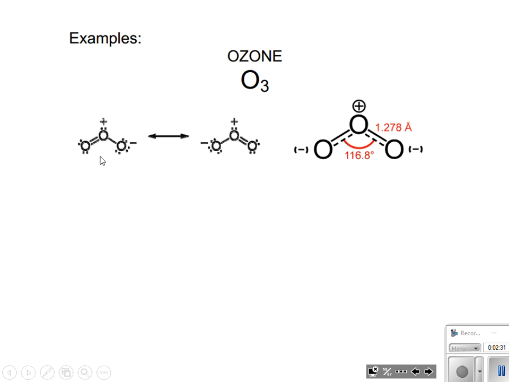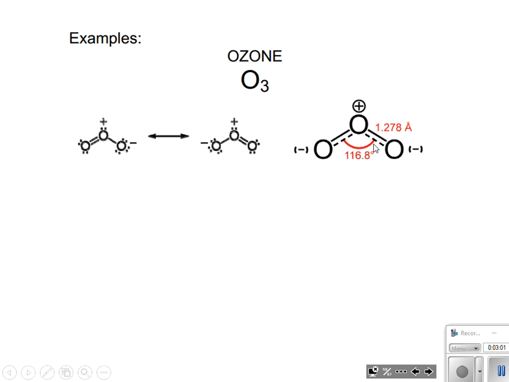The location of the double bond. Excellent. This is in between these two oxygens. And if you look over here, the double bond is between those two oxygens. So when you see these dotted lines on that, that's also representing resonance, that double bond could be at either one of those particular places on the oxygen atoms.